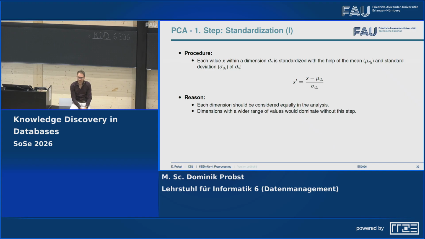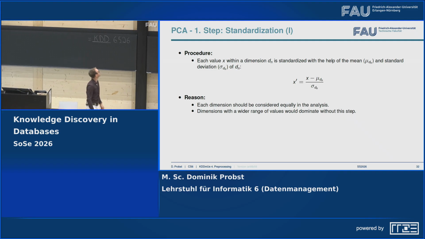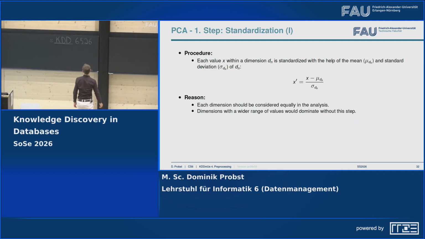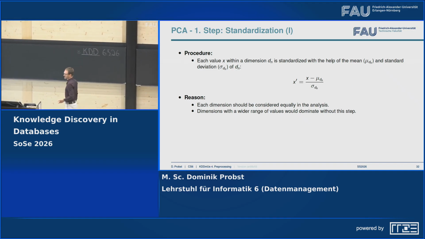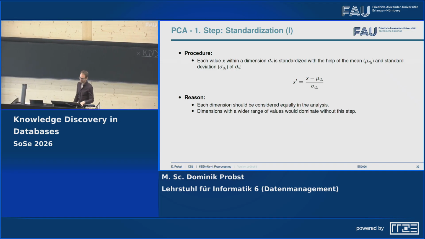And by doing that, every column ends up at a standard deviation of 1 in total after the application. So they are considered equally in the upcoming steps of a PCA.